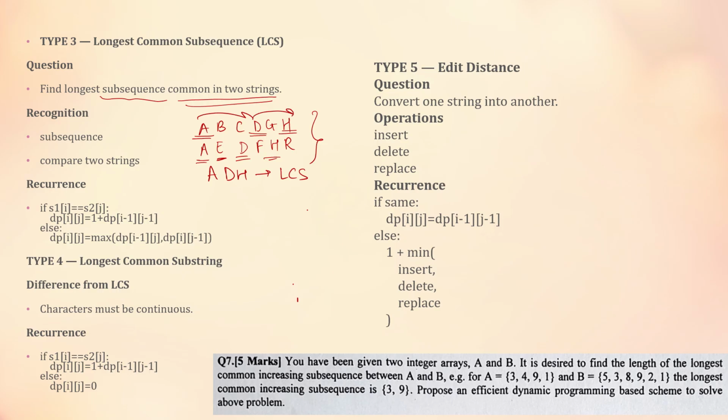Now next, longest common substring, that is A, B, C, D, G, H and A, E, D, F, H, R. Now here your longest common substring will be only D, length one, because we have to check for common consecutive characters.